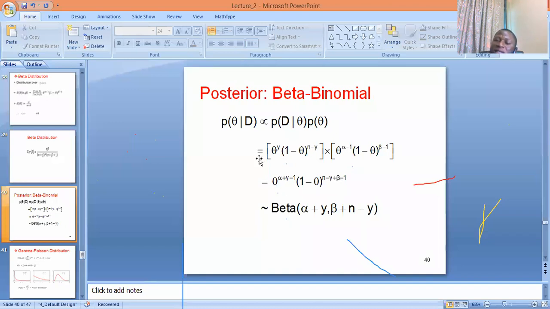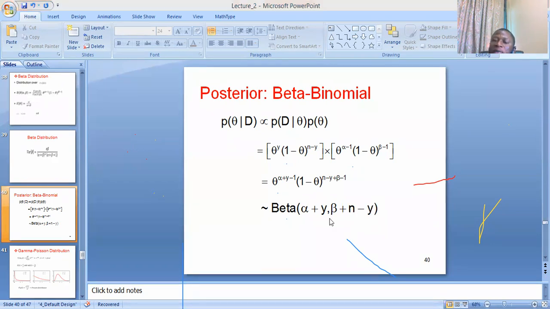So what that means is that the posterior distribution has a beta distribution, and the alpha now is going to be alpha plus y, and then the beta now is going to be beta plus n minus y.